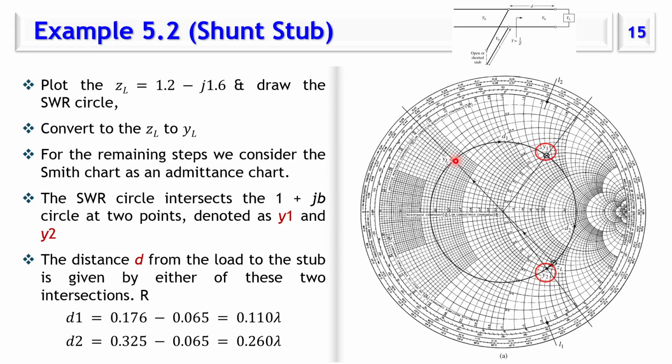We can move from this point to that point, or we can move from this point on the constant reflection coefficient circle to this point. So this is bringing us one solution, and this is bringing us another solution. We can move this distance, so the position of the stub is D1 away from the load, or D2.